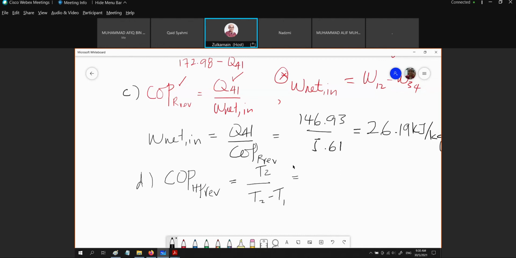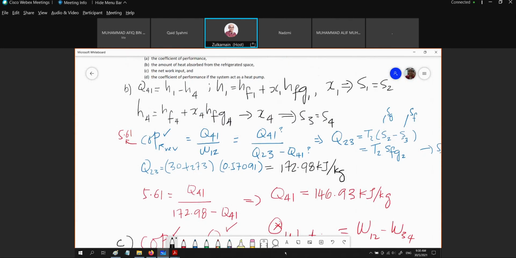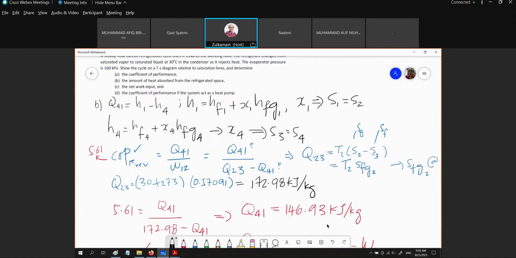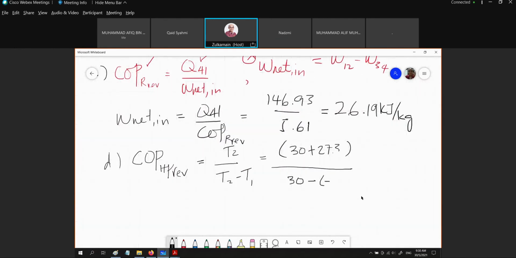What is T2? T2 just now is 30 plus 273, divided by 30 plus 273 minus, how much is now? The T set is minus 15, 30 minus minus 15. How much? 6.61.